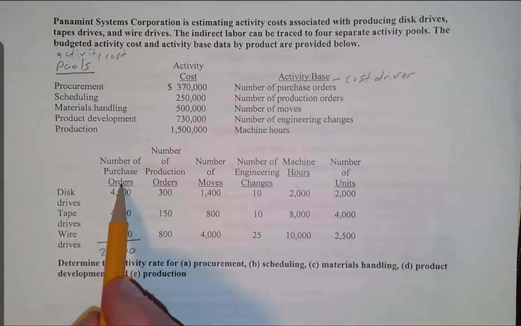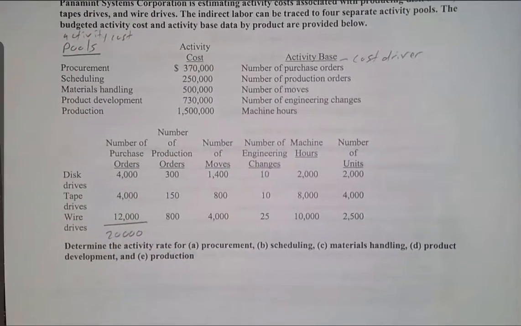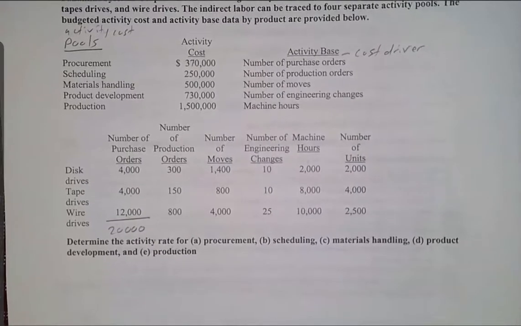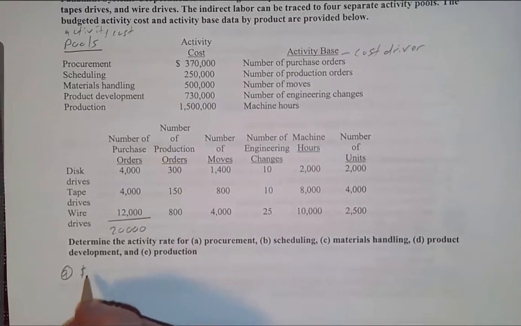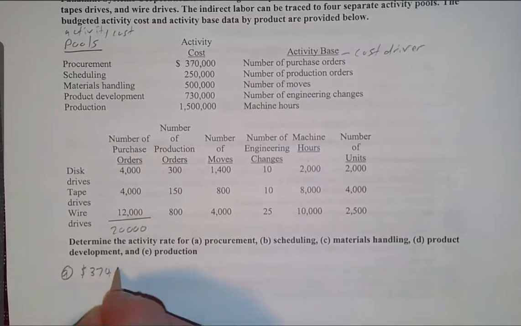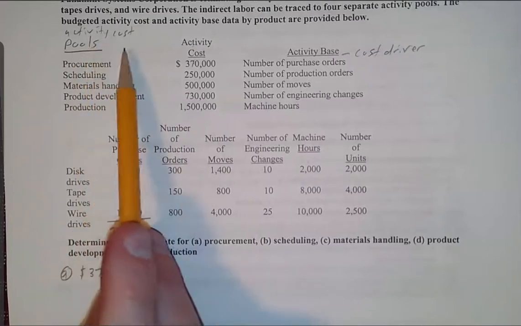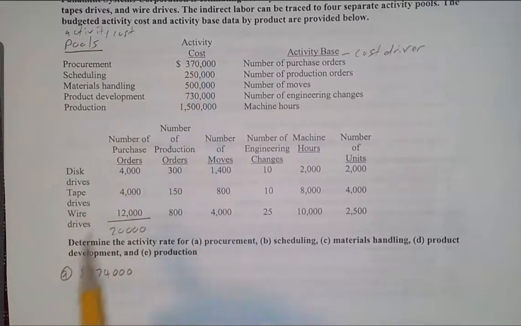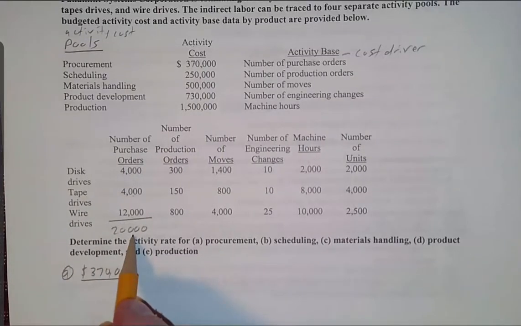All right, 20,000 purchase orders. Then I want to show you what we can do. For A, all we have to do is take our estimated overhead for this activity cost pool, which is $370,000, and divide it by the level of activity, the number of purchase orders.